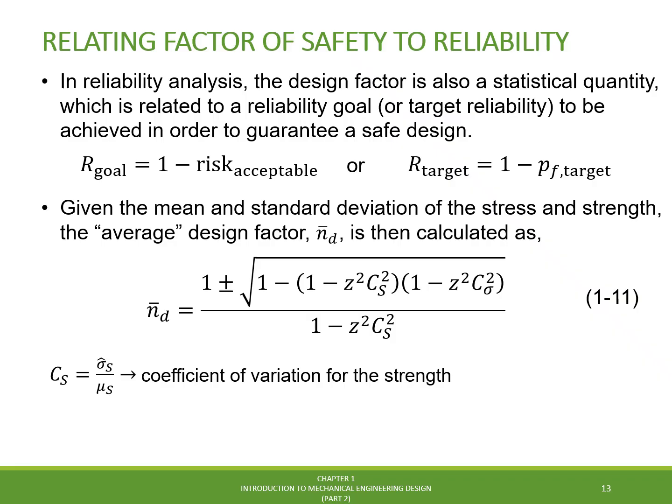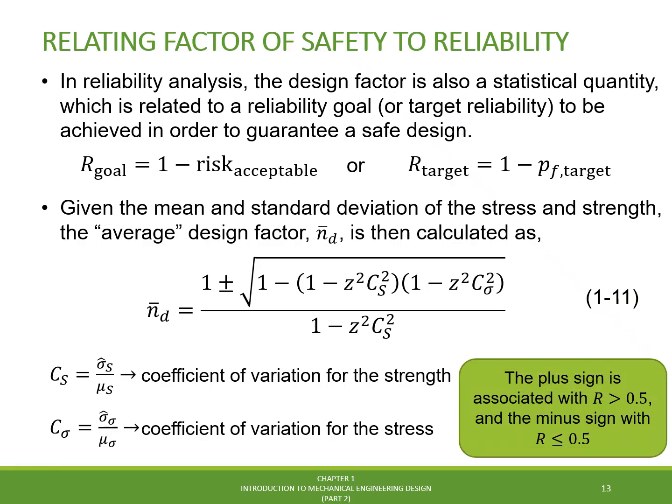We have CS, which is the coefficient of variation for the strength, which is nothing but the standard deviation of the strength divided by the mean of the strength. We have C sigma, which is the coefficient of variation for stress, which is the standard deviation for the stress divided by the mean stress. And we have the plus minus sign here.